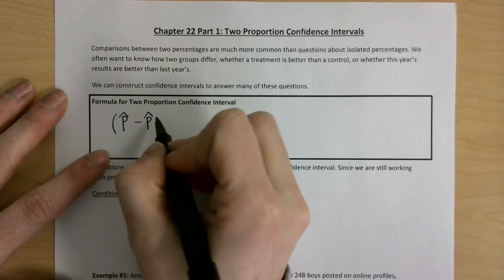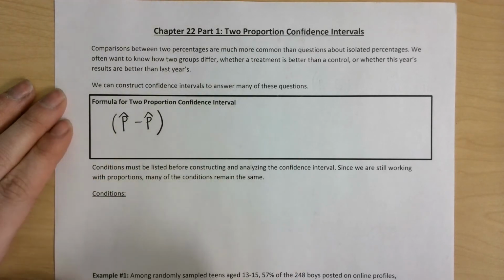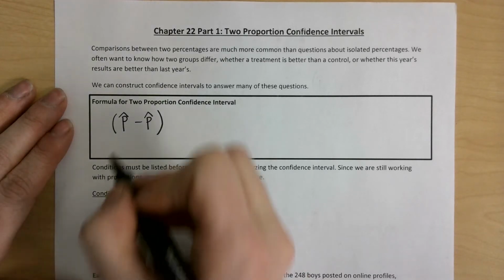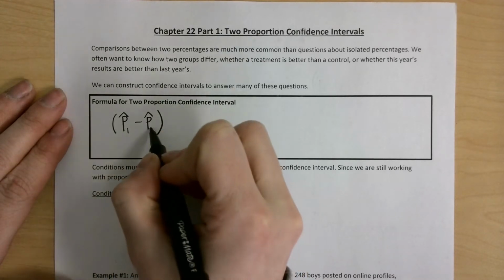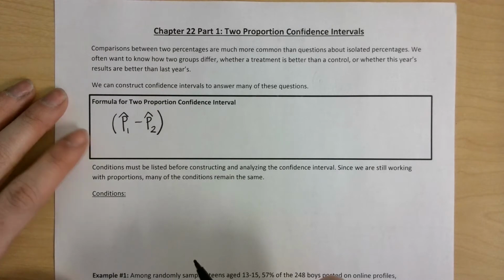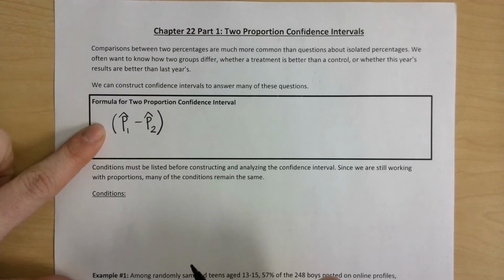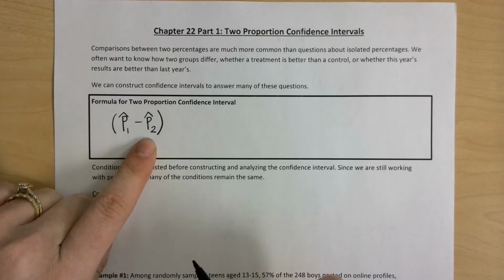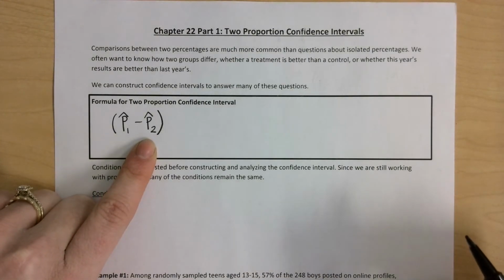If I left it as p-hat minus p-hat, it's kind of confusing, so to show these are two different proportions, we label them p-hat 1 and p-hat 2. The first p-hat comes from our first sample, and p-hat 2 from a second sample.